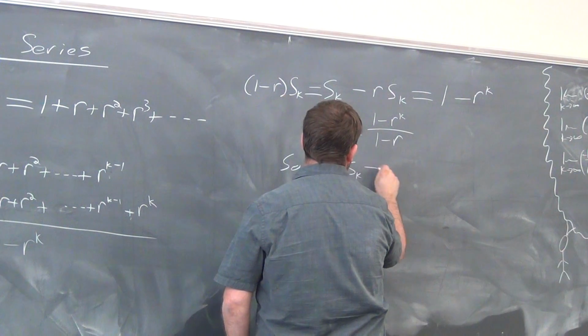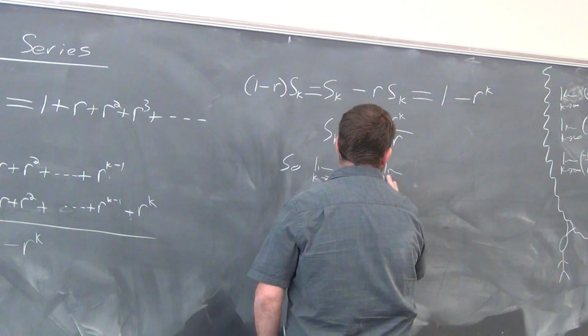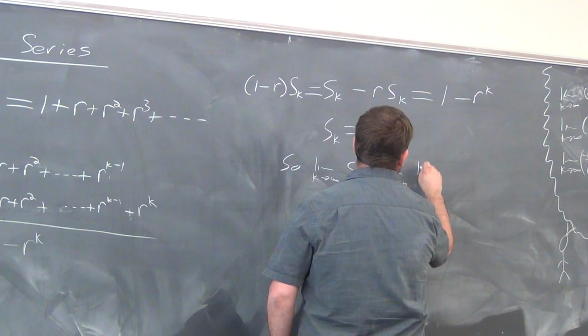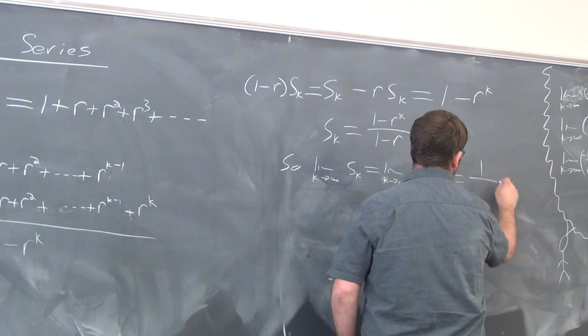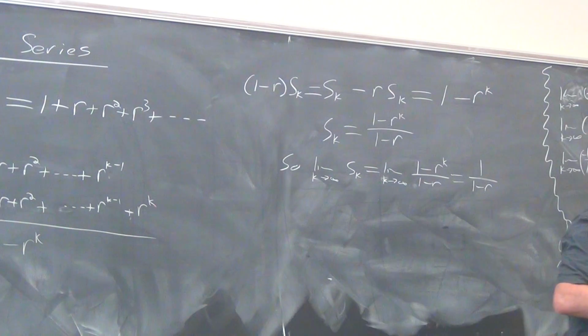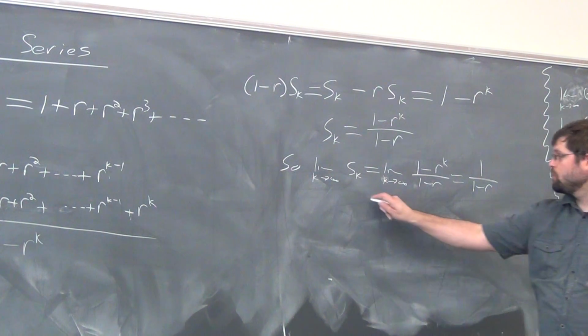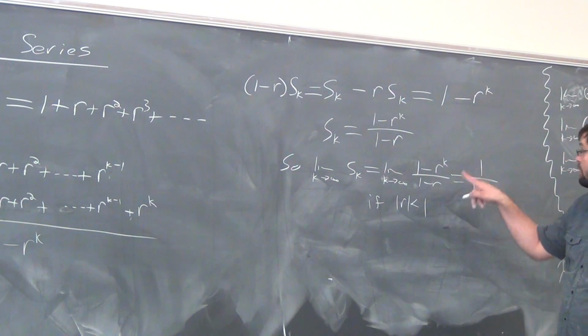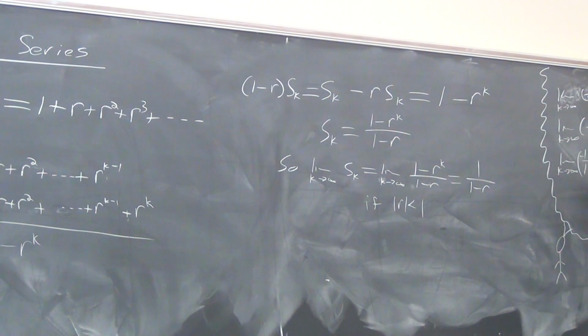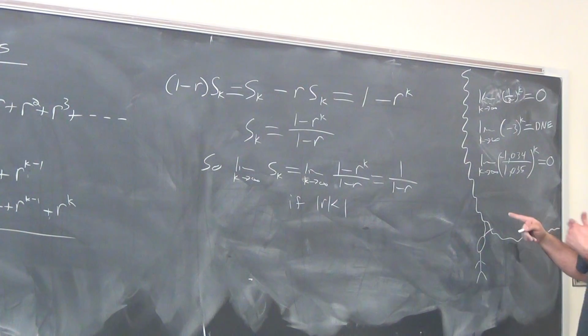And so coming back to this, the limit as k goes to infinity of your S sub k is 1 over 1 minus r if the absolute value of r is smaller than 1. That's what we were just showing here. Anytime you take something smaller than 1 in absolute value, its limit goes to 0.